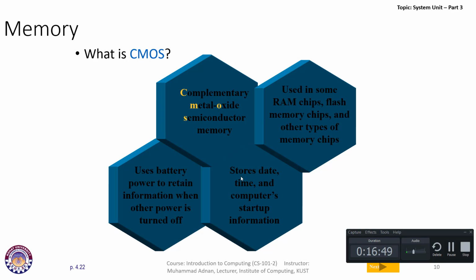So whenever you turn off the computer and then restart it, you see the updated time and date. This is because the time and date information are stored in the CMOS memory.